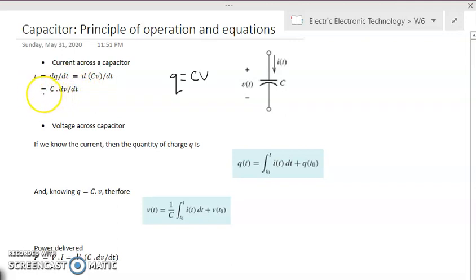So let's take a look at this equation for a moment and understand what it means. It means that we have a current which is proportional to the value of the capacitance of the capacitor, and it is also proportional to the variation of voltage across the capacitor. So what does this mean? It means that if we have a higher variation of voltage, more difference of voltages between this terminal and this terminal, then we have a huge current flowing, right?